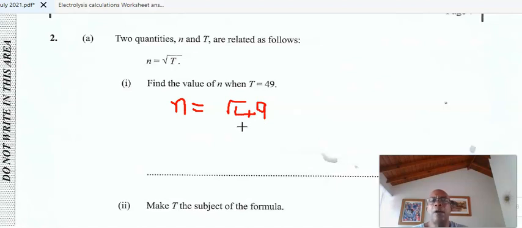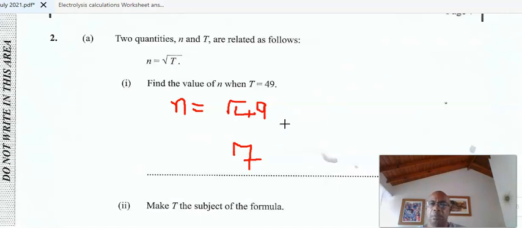And so all we have to do is find the square root of 49. If you don't know it offhand, you have your calculator, just calculate it, and you are going to get the answer as 7, because 7 squared is 49.